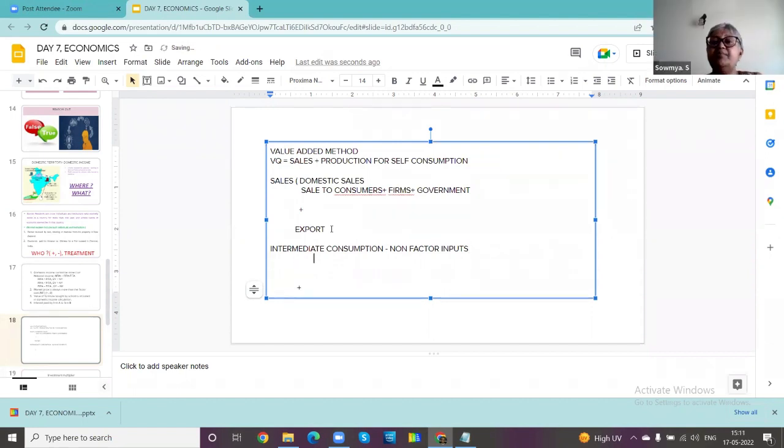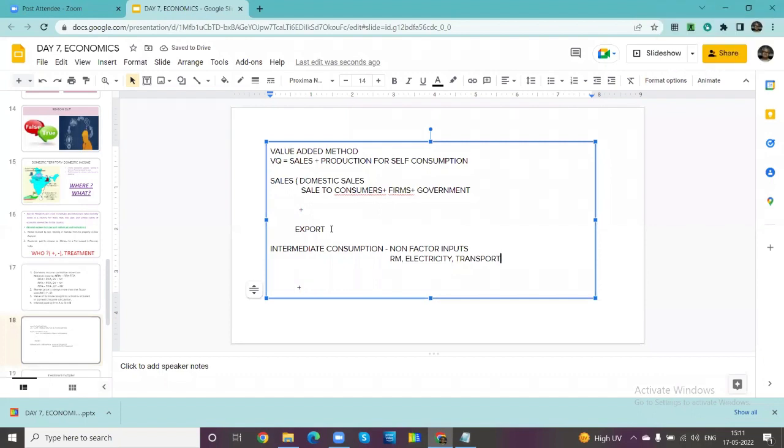So when we say non-factor inputs, again we'll have to clearly tell them that it will involve probably the raw materials, then the money that is spent on electricity, transport, all that we can say. So these are all the other non-factor inputs required for production. Purchase of all these items would be considered intermediate consumption expenditure.